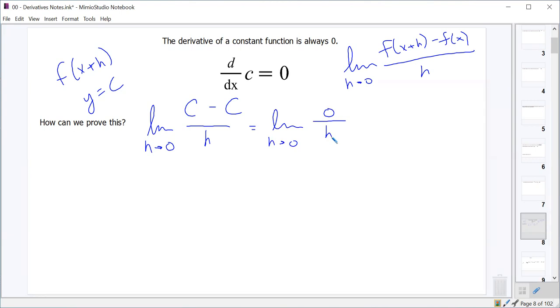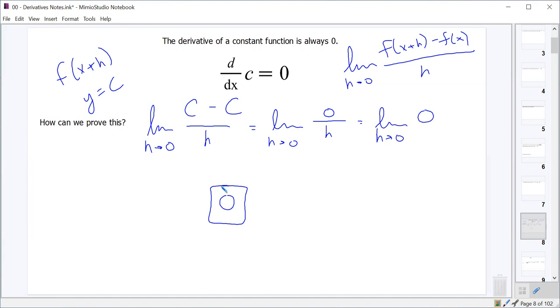But we can simplify. We know that 0 divided by h is always 0. So now this is just a limit as h approaches 0 of 0. Well, as we're approaching 0, 0 is 0, right? In fact, 0 is always 0. So no matter what the constant is, the derivative of that constant is 0.